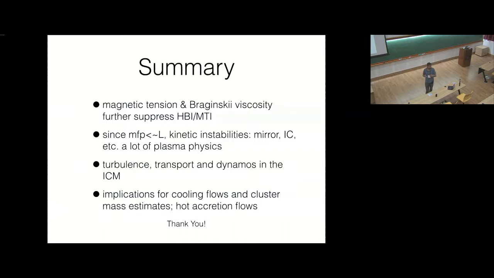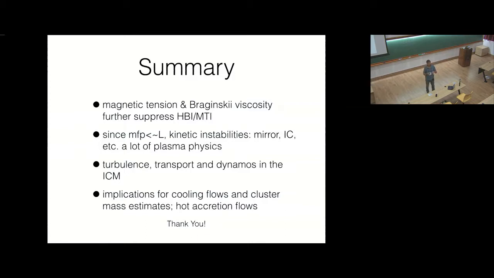Since when your mean free path is the system size, a lot of plasma physics issues open up, and there are instabilities, and so it becomes like the solar wind. There's a lot of interesting small-scale physics. It also has implications for dynamos in the intracluster medium.